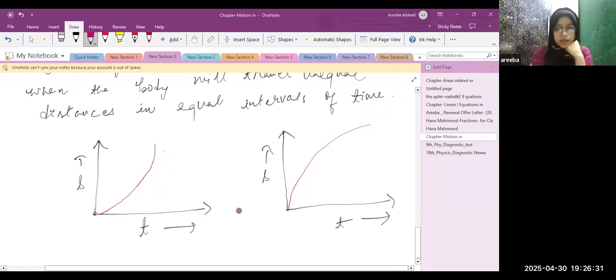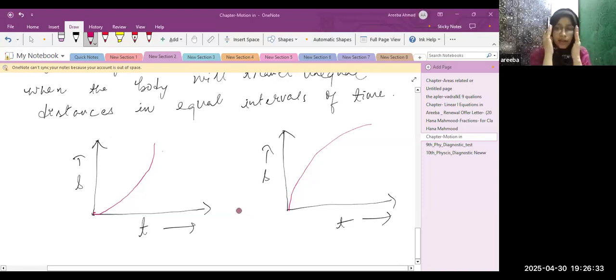Okay, written. So in this kind of non-uniform motion, my body will travel unequal distances in equal intervals of time, because the time will remain the same. Obviously it is covering unequal distances. So this is non-uniform motion.